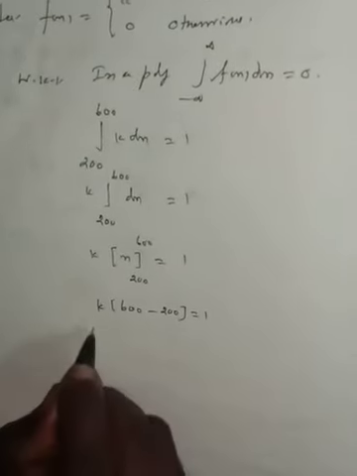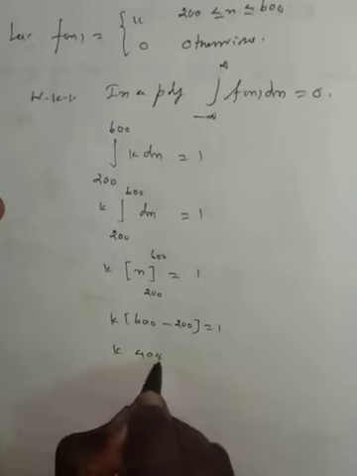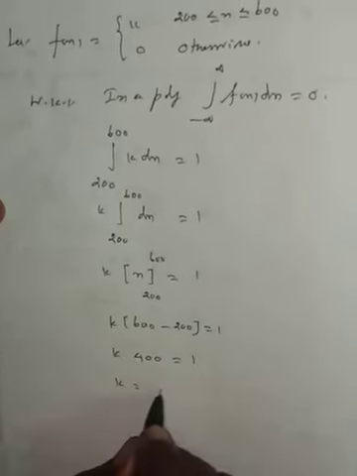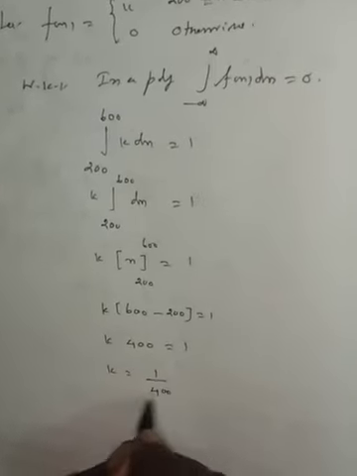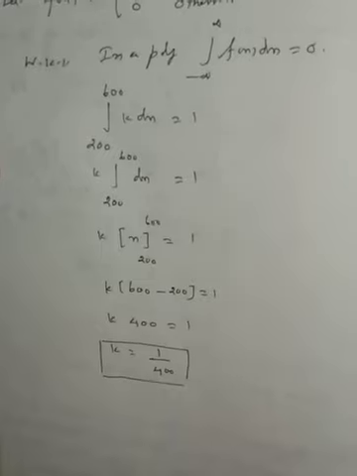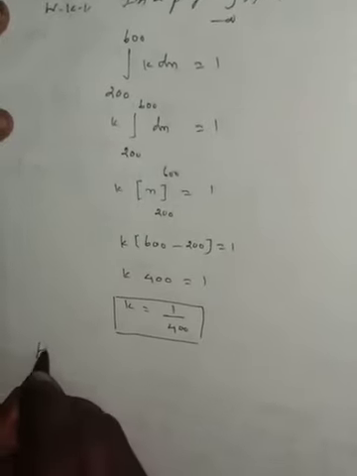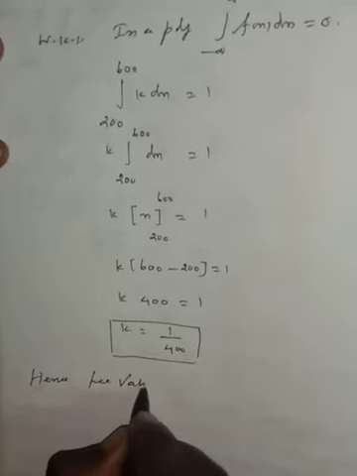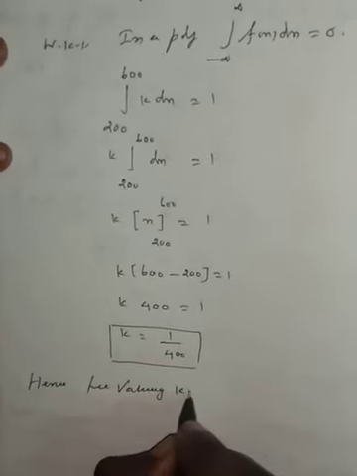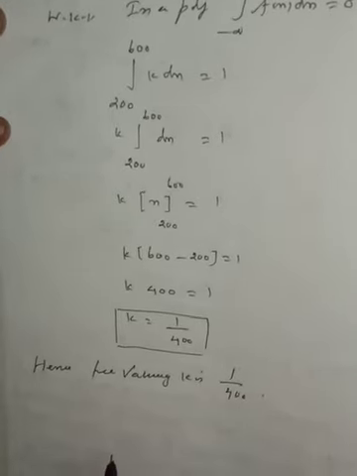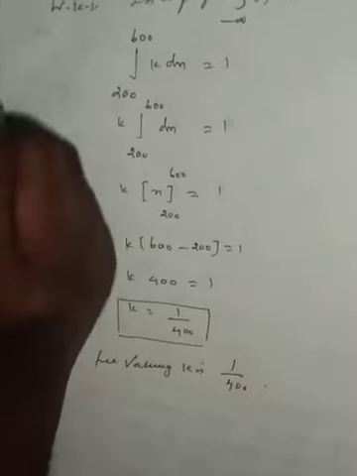This means k times 400 is equal to 1. So k is equal to 1 by 400. Hence the value of k is 1 by 400. First question over.